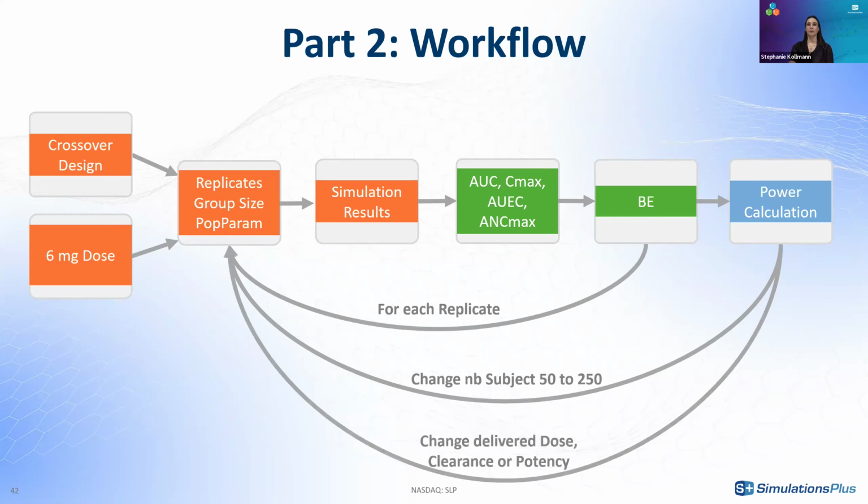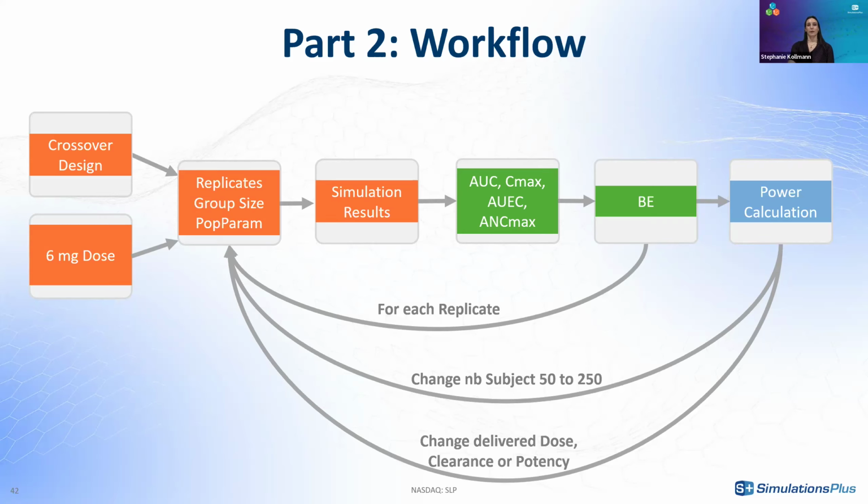Then for every scenario, we adjusted the delivery, clearance or potency, calculated the PK and PD metrics, and then performed the bioequivalence analysis. Finally, we combined all these results to compute the study power, determining the minimum sample size required for a robust biosimilarity conclusion.